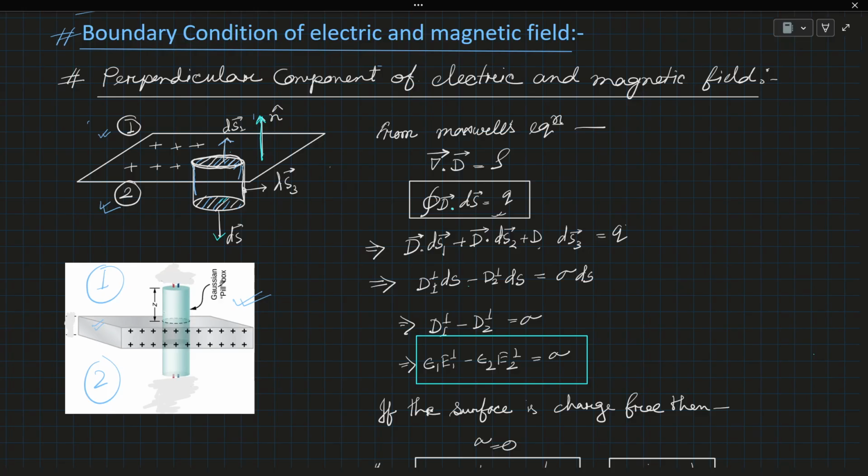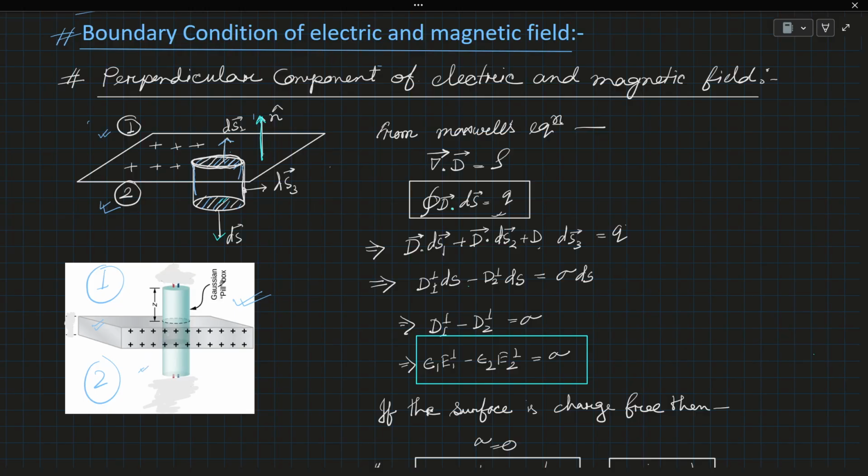Here I have considered a Gaussian pillbox, that means the Gaussian surface in cylindrical form, such that the upper half of the cylinder is in medium 1 and the lower half of the cylinder is in medium 2.